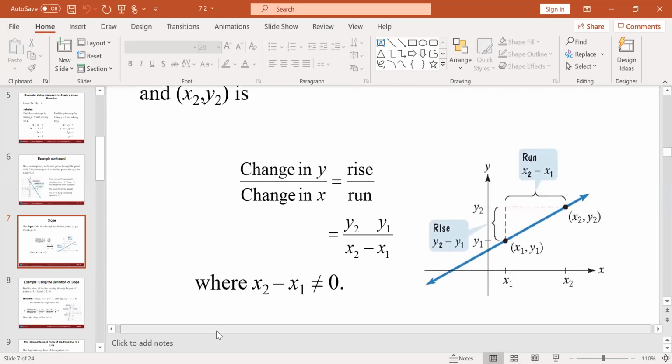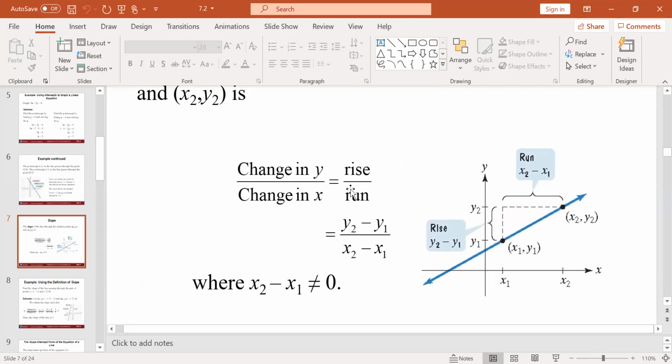There's a couple different ways to define it. One of the most popular ways to define it is called rise over run, meaning it is a ratio of how much your line changes in the vertical direction for every change in the horizontal direction. That is a pretty common interpretation of it.